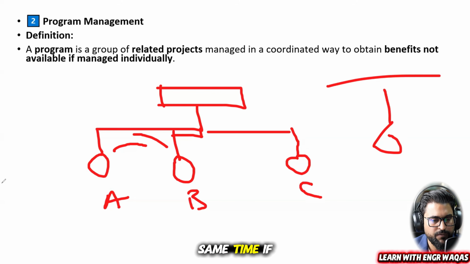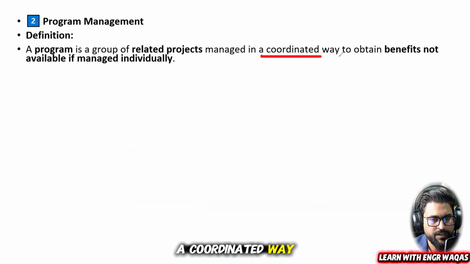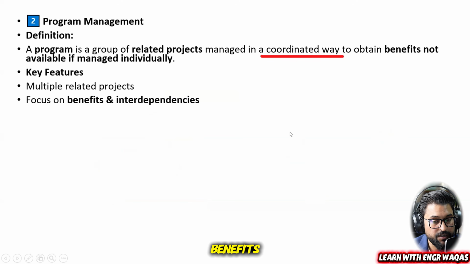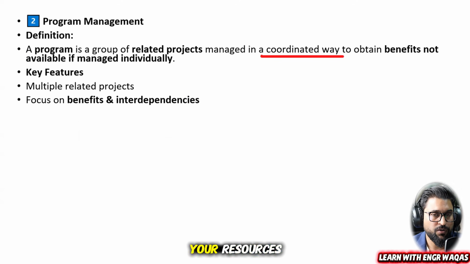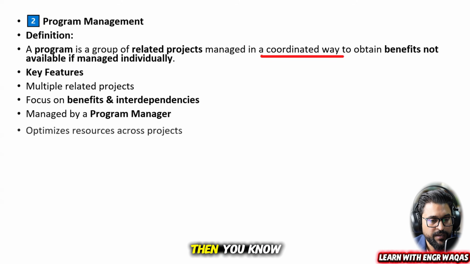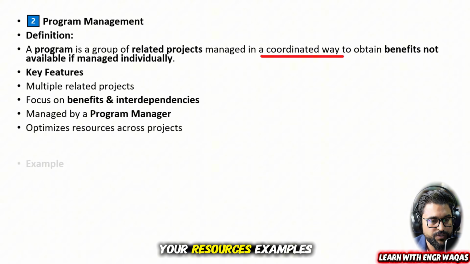But if you make a coordinated way of management, then yes, there are more benefits. So key features: multiple related projects, benefits, interdependencies. I have already mentioned you can interchange your resources, right? And managed by a program manager, you can optimize your resources.